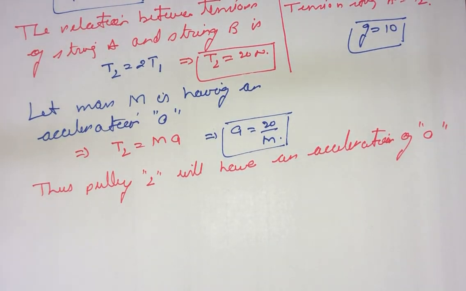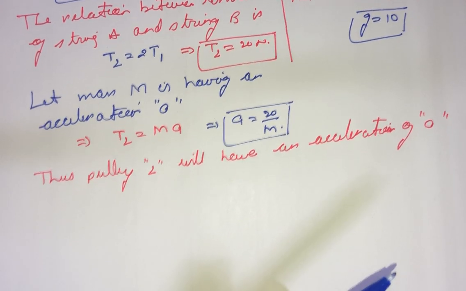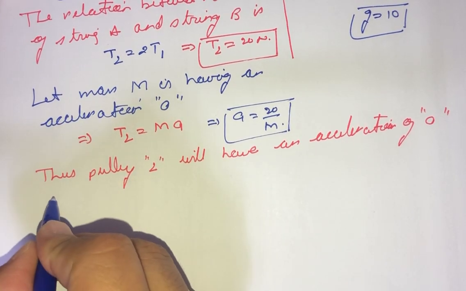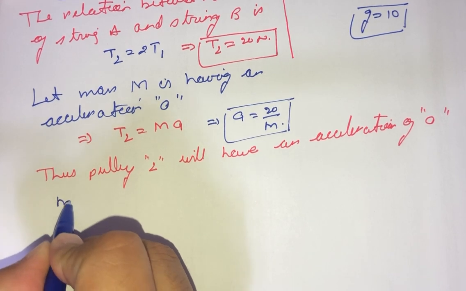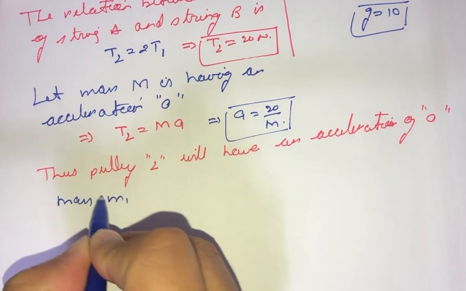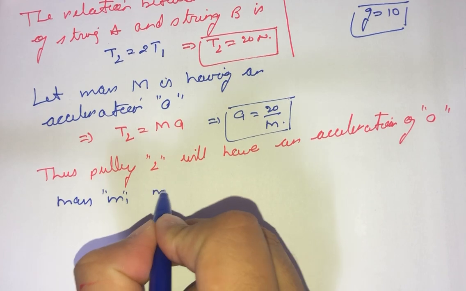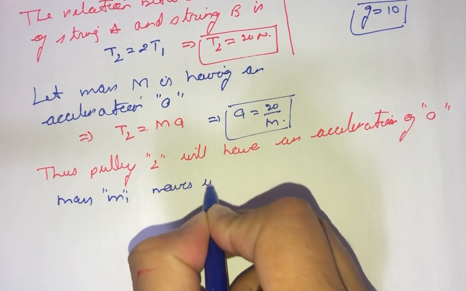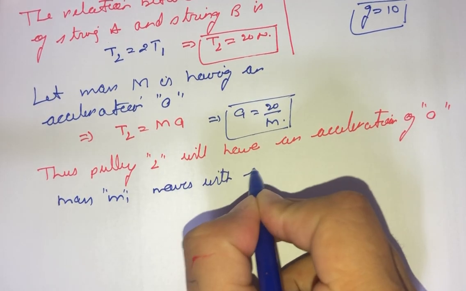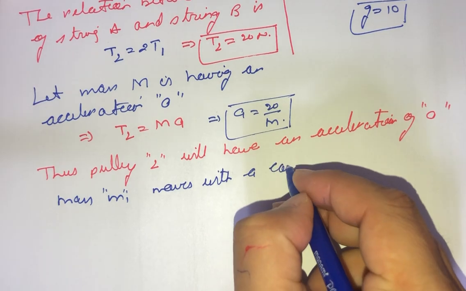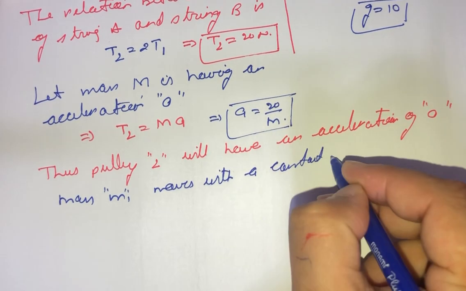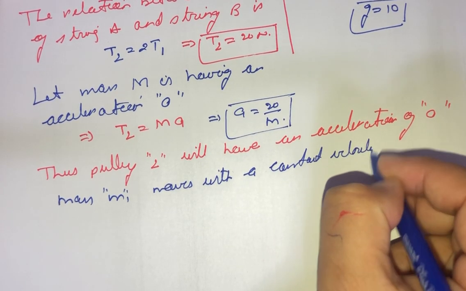Now it is given that mass M1 moves with a constant velocity.